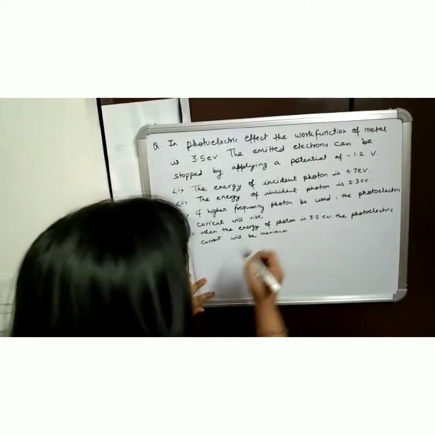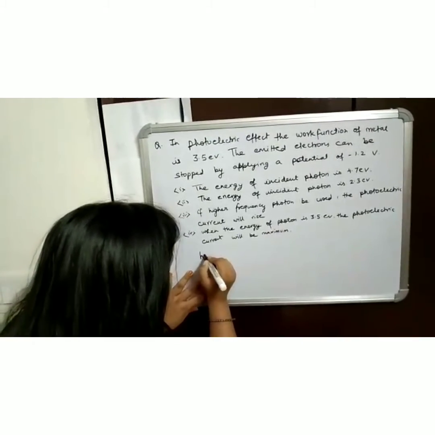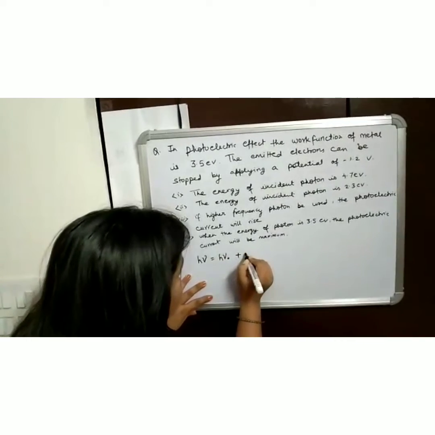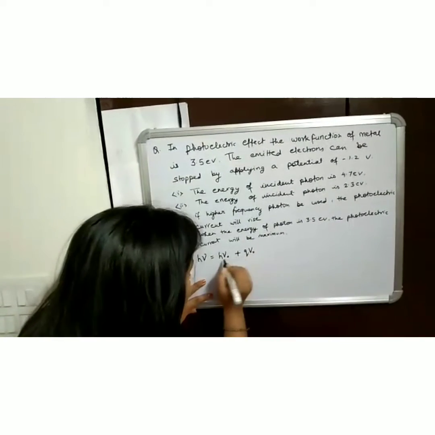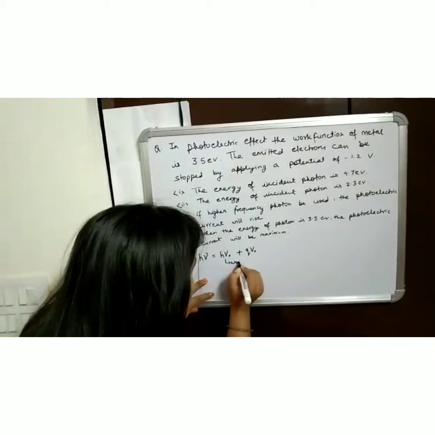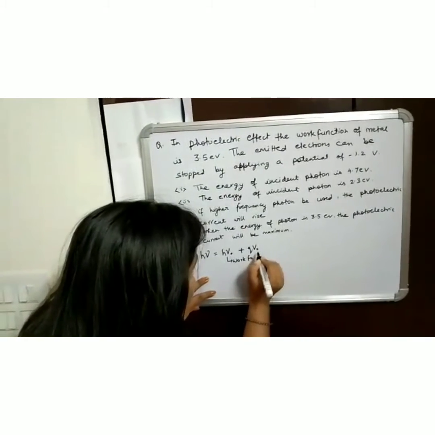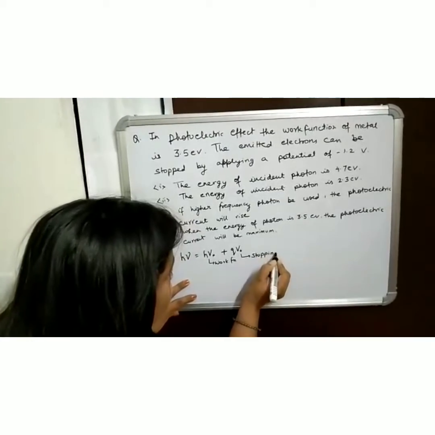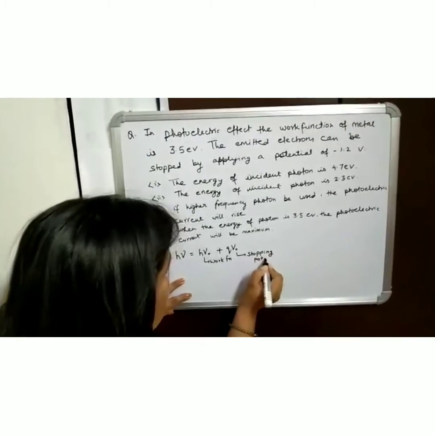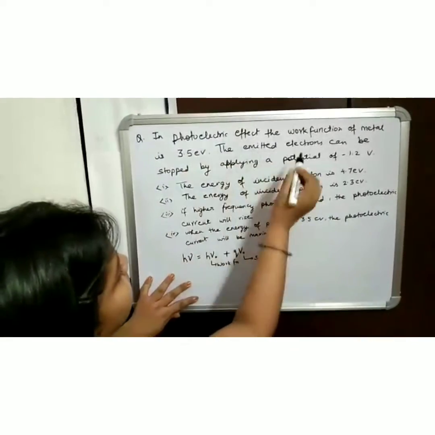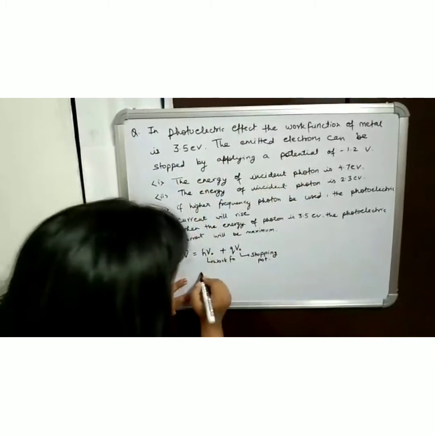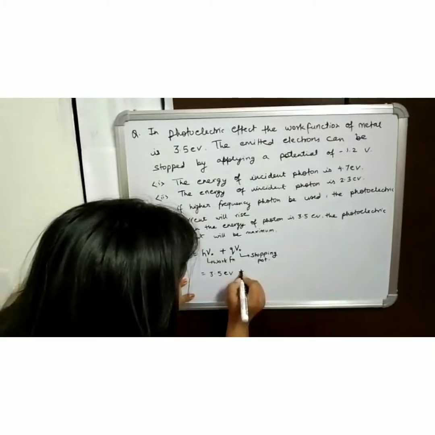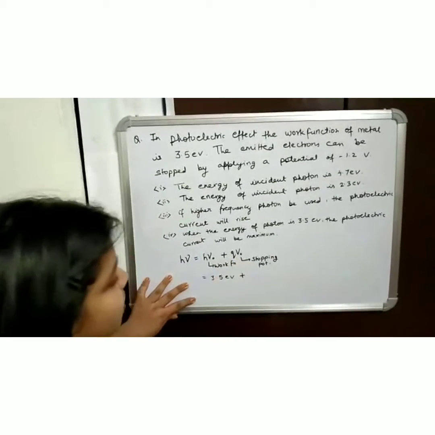As we know, h mu is equal to h mu naught plus q v naught. This is the work function and this is the stopping potential. From the question, the work function is 3.5 electron volt plus q, where q is the charge of the particle.